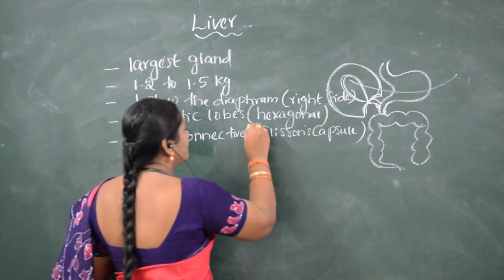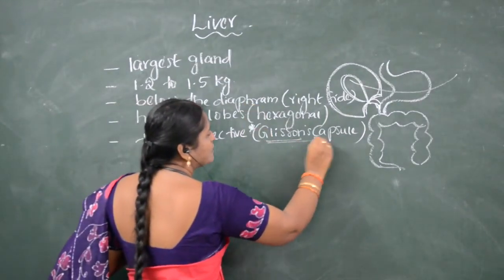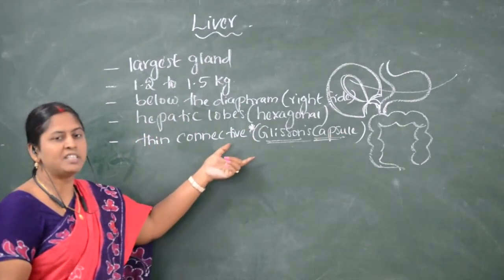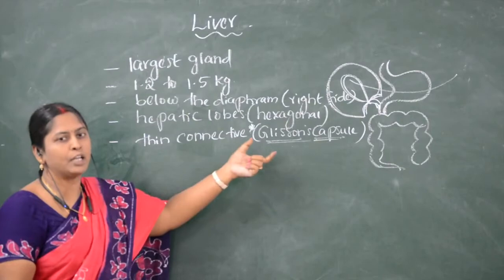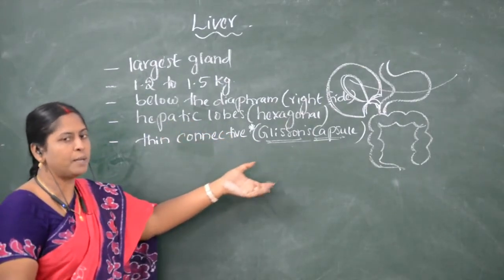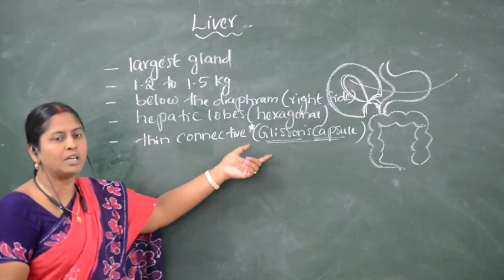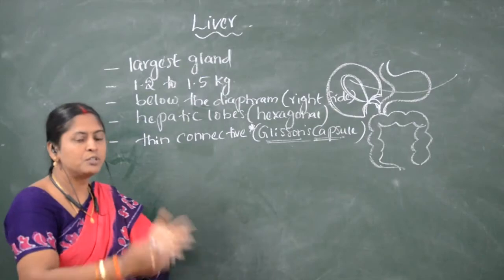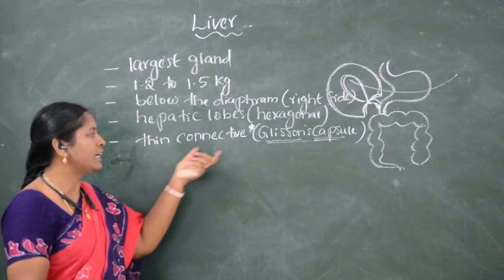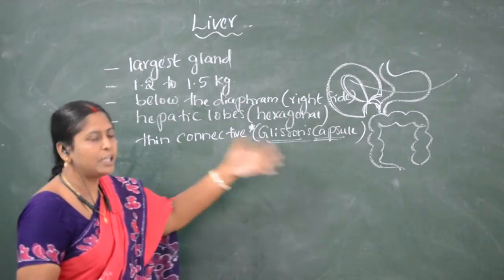Important bit, children. Glisson's capsule is nothing but a thin connective sheath which covers the hexagonal hepatic lobe.